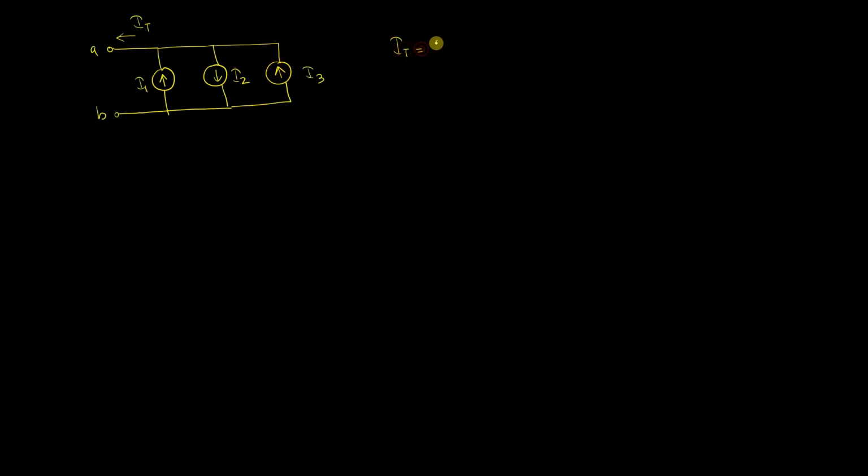So if you see in this particular circuit, the I total will be equal to I1, because current I1 is entering while current I2 is leaving, so it's minus I2 plus I3. So when I say the current is getting divided, we have to be very careful as to how, because the polarity also matters. Whether the current is getting added or subtracted, you have to see.